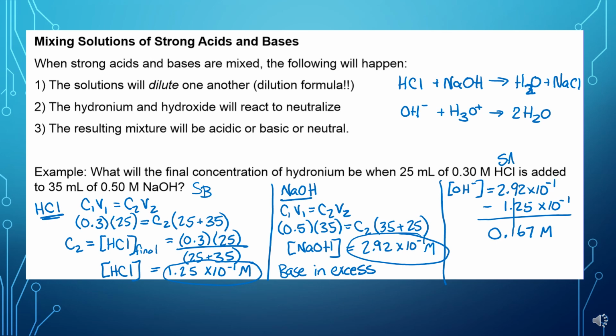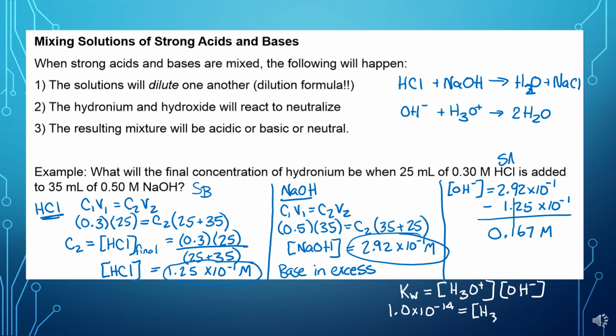It asks what the final concentration of hydronium is going to be when 25 milliliters reacts. So I'm just going to change my ink here for a second. To figure out what the hydronium is going to be, we're going to go back to this Kw expression. Kw is equal to the concentration of hydronium, this is what we're trying to find, times the concentration of hydroxide. So I've got 1.0 times 10 to the negative 14. We're going to assume 25 degrees Celsius, if we're not told otherwise.